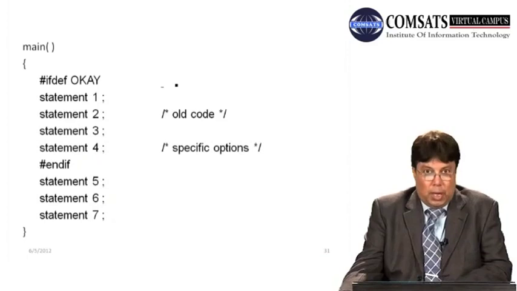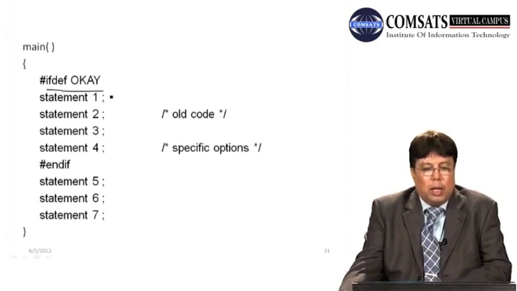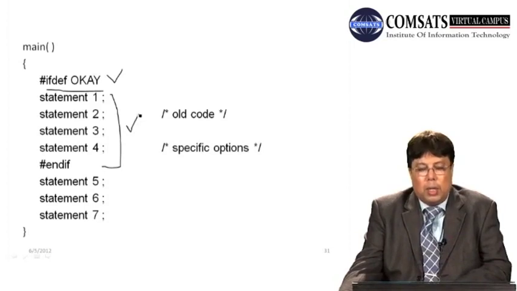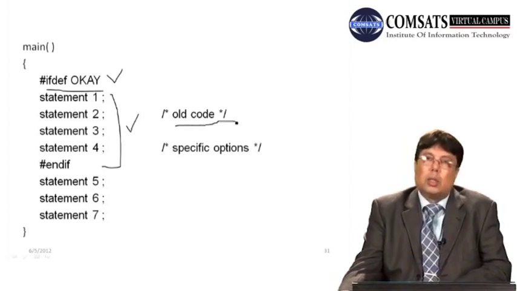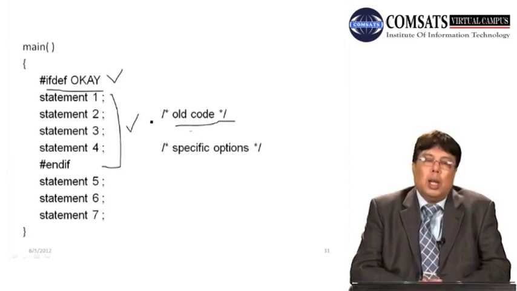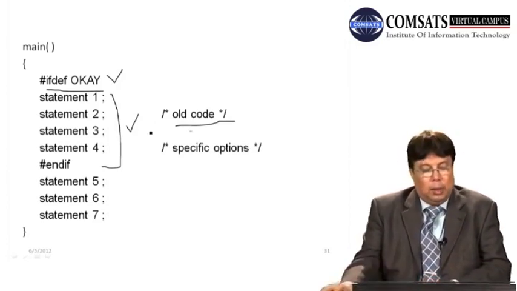And this is the example of that जो मैं अभी आपको explain कर रहा हूँ. You define okay, then this code will be used, but if not okay, then you don't define it, then you don't use it. But if you define it, then you can use it. This could be the old code that you can either comment out or just use the particular facility that is provided by the C compiler.